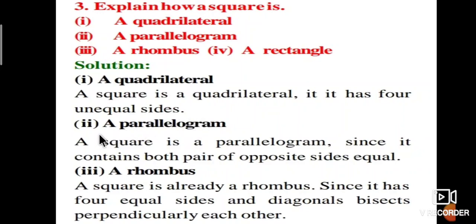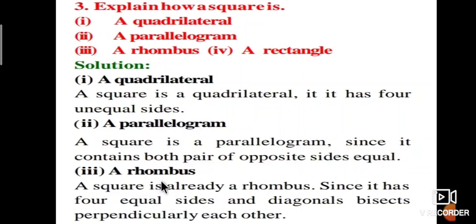Next, a parallelogram. A square is a parallelogram since it contains both pairs of opposite sides equal.